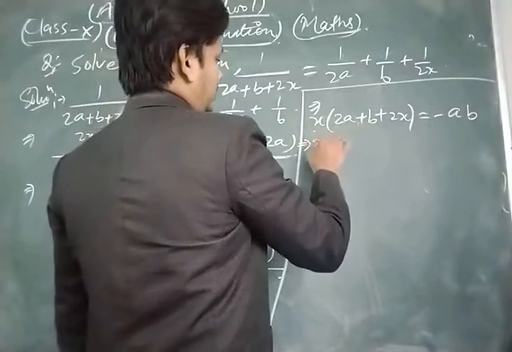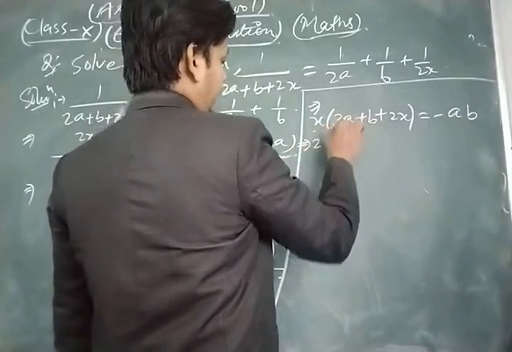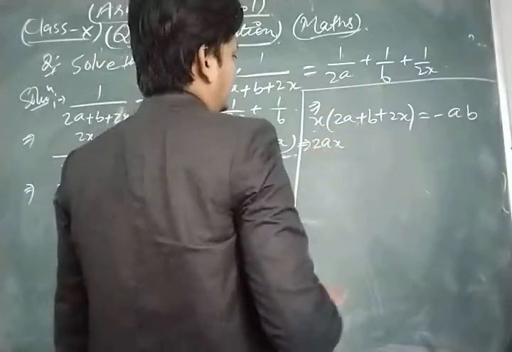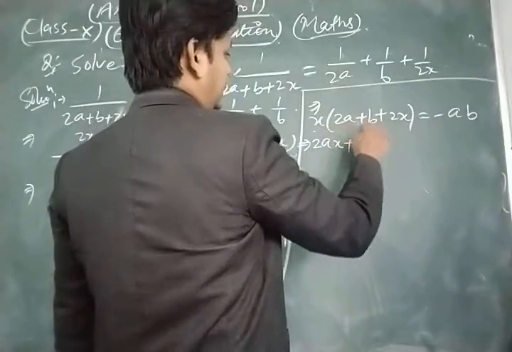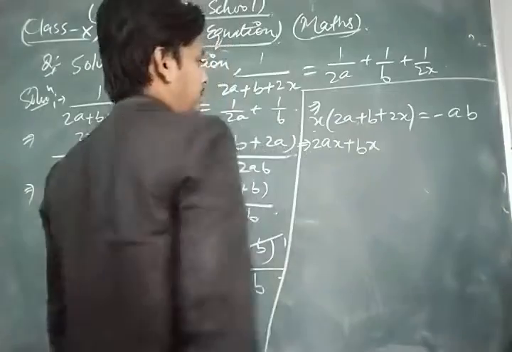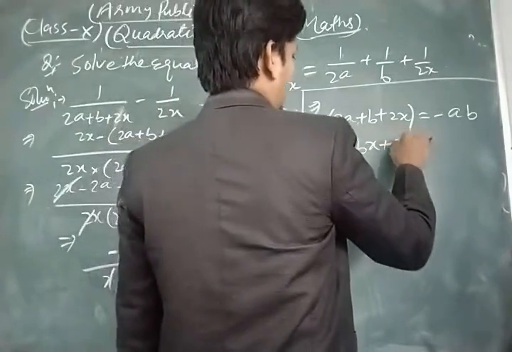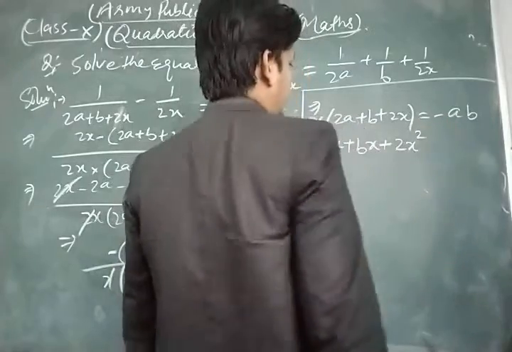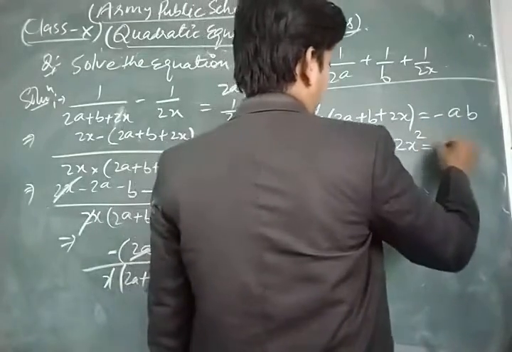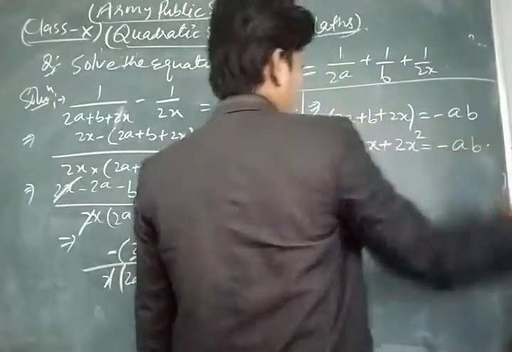Look, this is 2ax plus bx plus 2x squared is equal to minus a into b.